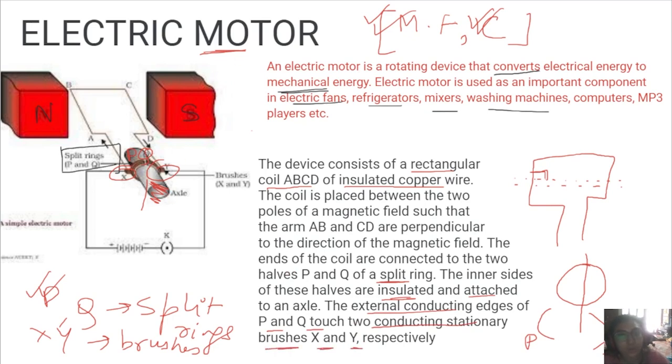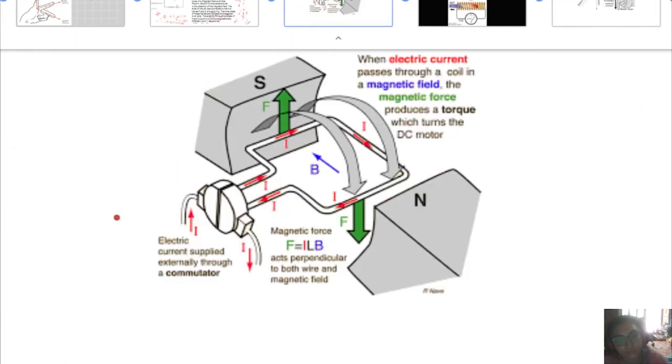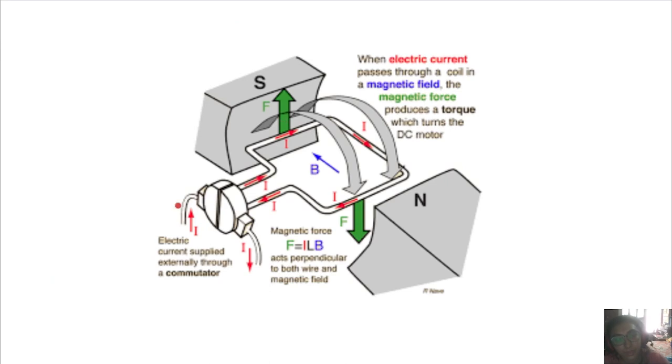So here, if you look at this picture, the X and the Y are connected to the circuit through which current is being supplied, and the brushes and the split rings are connected to the coil of copper wire.